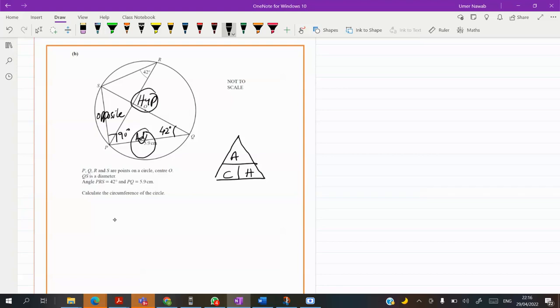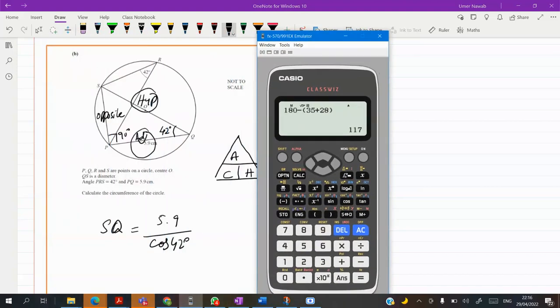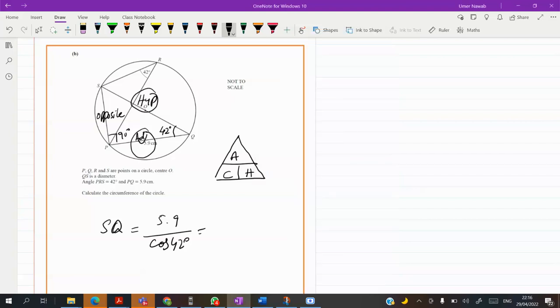So which thing is required? I want the hypotenuse. SQ is required. So the hypotenuse is required. So the adjacent, which is 5.9, divided by the cosine of 42. What is the answer? 5.9 over cosine of 42 gives you 7.94.